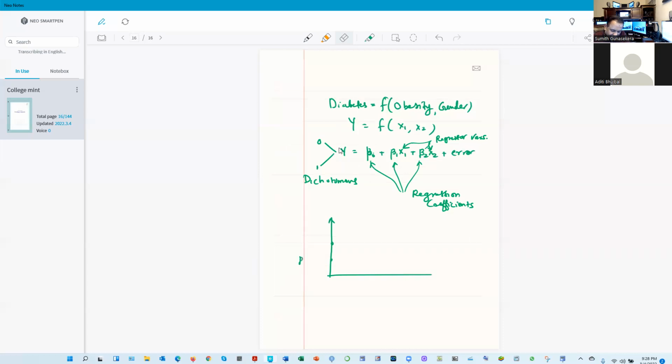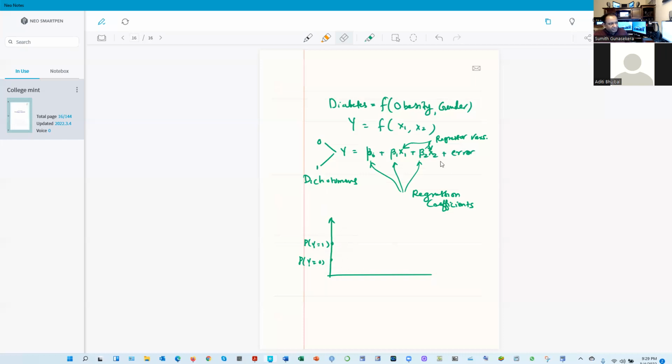Then you have to find the probability when y equals 0 and the probability when y equals 1. That kind of discussion is built up in a dichotomous situation, which is called binomial. This goes through a binomial distribution.